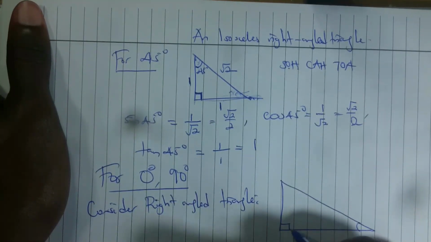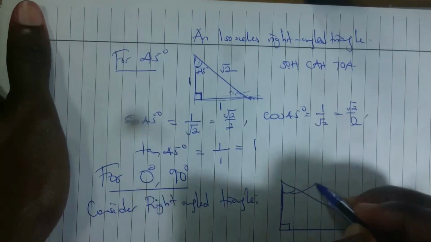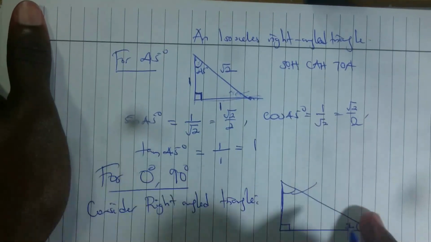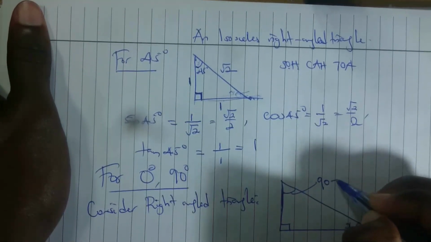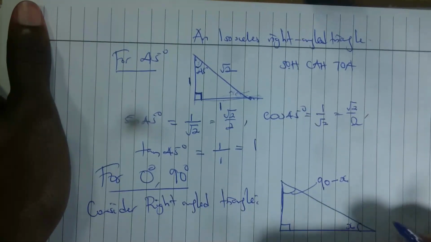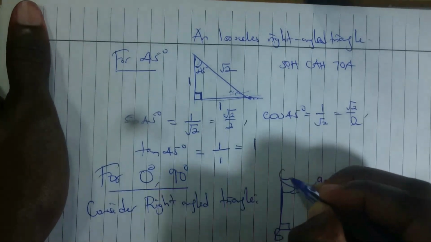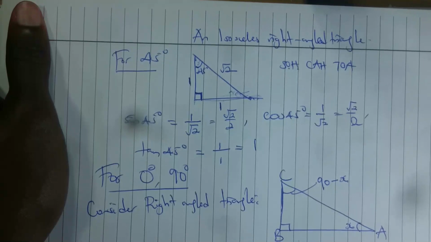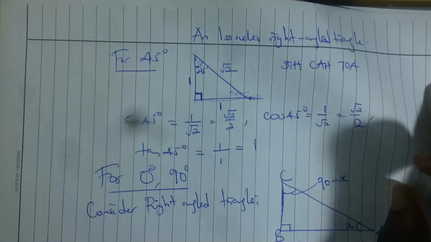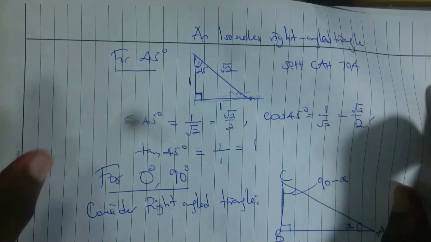There's 90 here, and that angle is also needed. If you combine these angles and calculate, you get that. Now let us name the vertices A, B, C. That should help us start getting sine of 0, cos of 0, tan of 0.